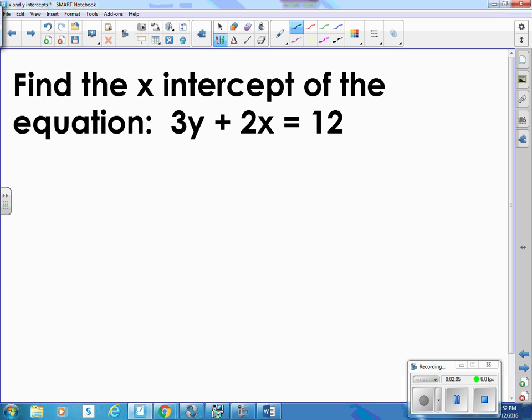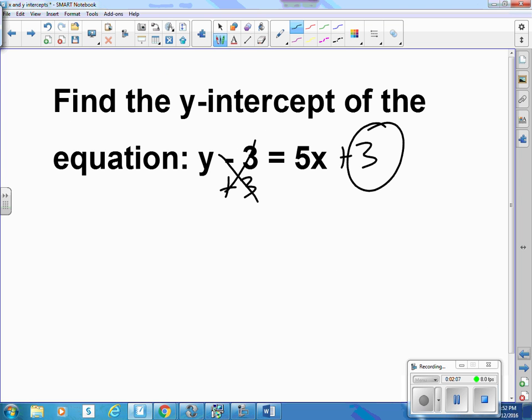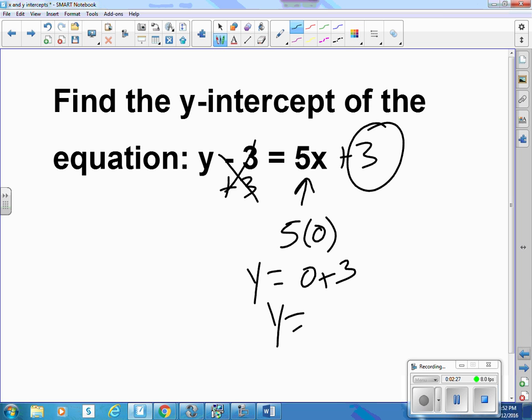That's why we ignored this part right here, because 5 times 0 is 0. So y equals 3. So if we're looking for a y-intercept, we say x equals 0.